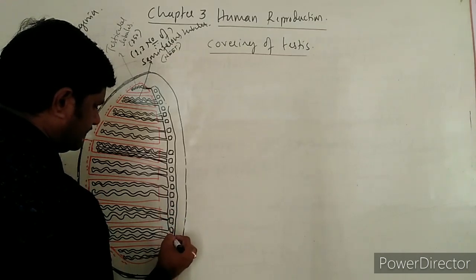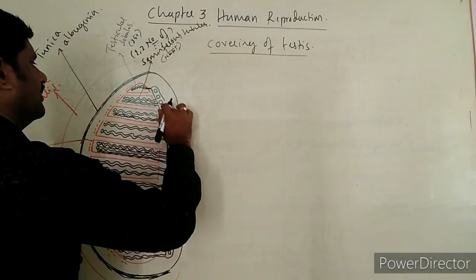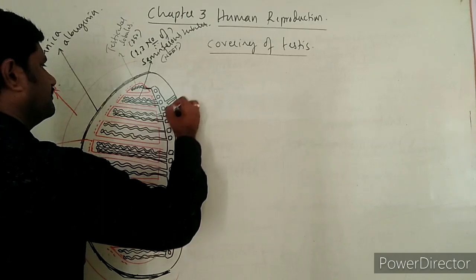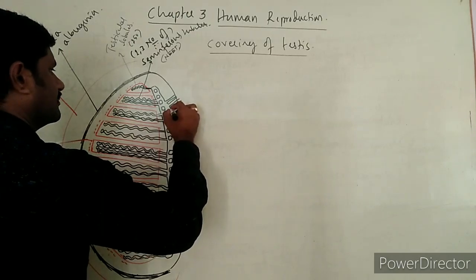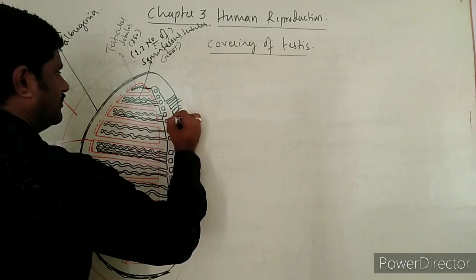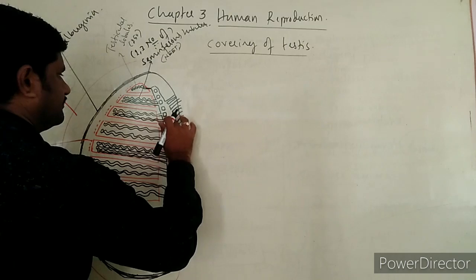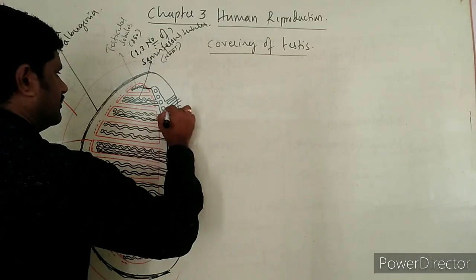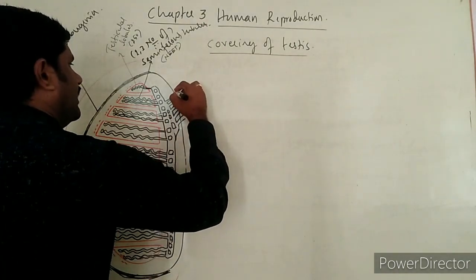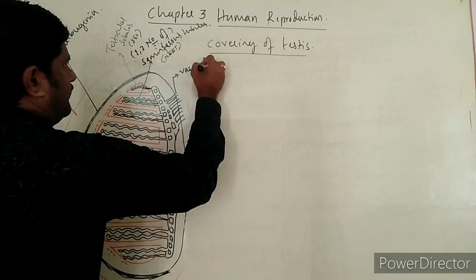And that rete testis later opens into fine elongated tubular structures, and these fine elongated tubular structures are called vasa efferentia.